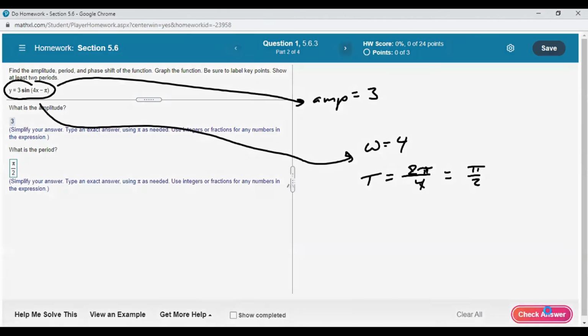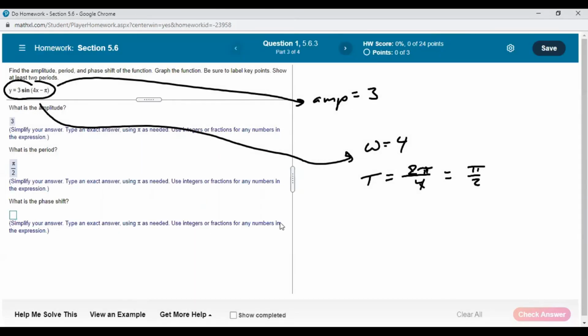Okay, what next? Now, the phase shift. So not the phi, which is pi, but the phase shift. So phi is pi, and the phase shift is phi over omega. And notice this is a minus pi, which means the phi is pi.